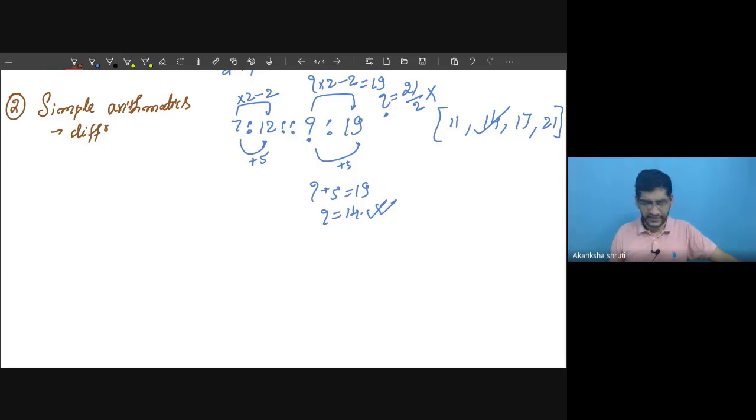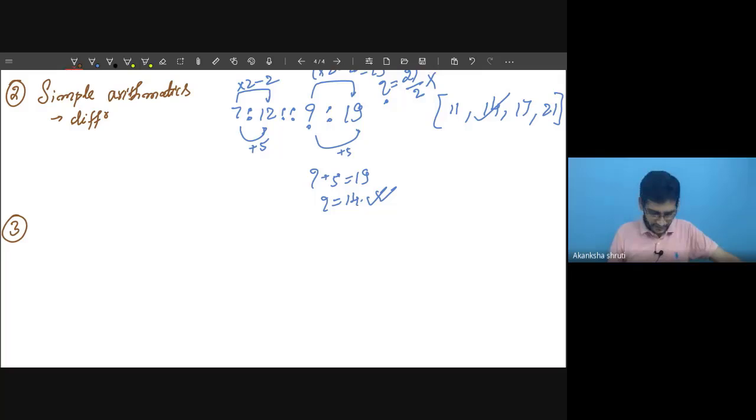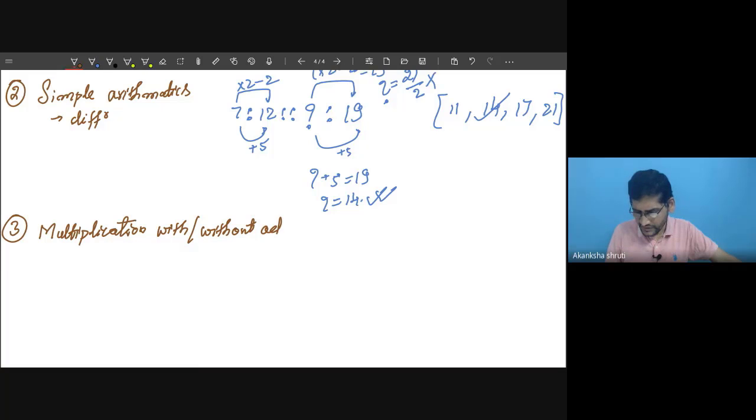Now write the third one, the multiplication based, multiplication with or without adjustment.